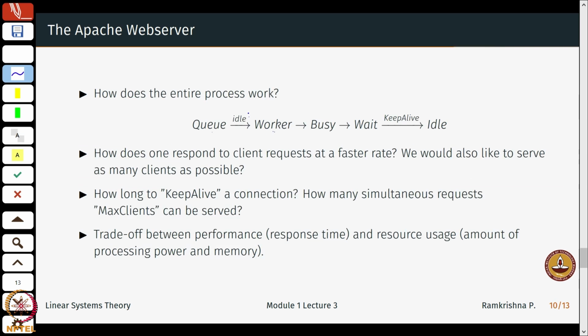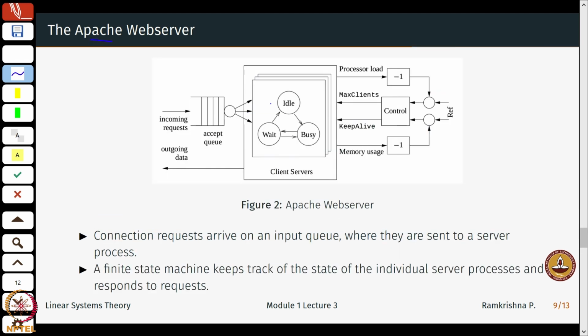Once a worker is assigned, there is a little finite state machine here, starting from idle, busy, and these three wait states, which will handle the requests. The connections are on an input queue, and then they are served to a server for processing.